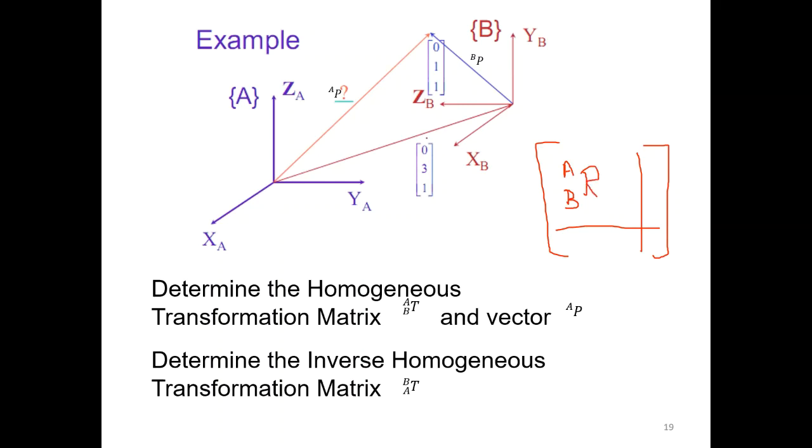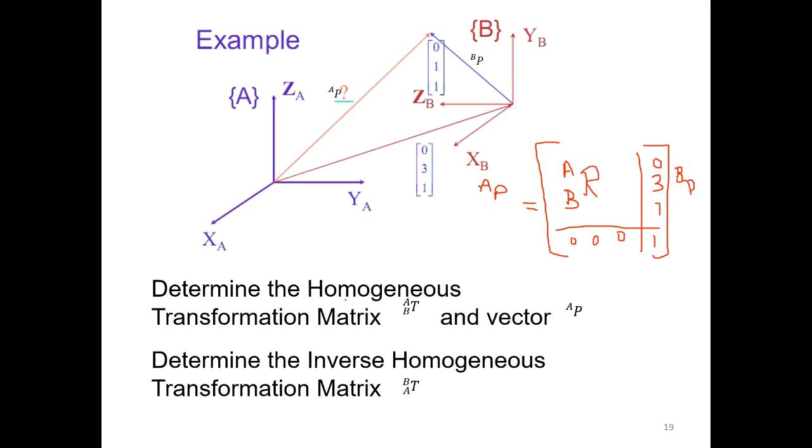And this is 0, 3, 1, the origin of frame B with respect to A. And this is 0, 0, 0, and this is 1. If you work like this, it's so easy. Then you have BP here, the vector that belongs to B, and the result is AP. So easy. That's how it works.